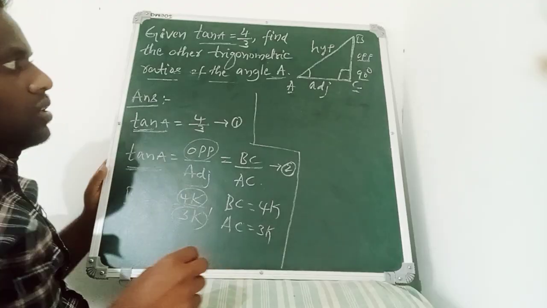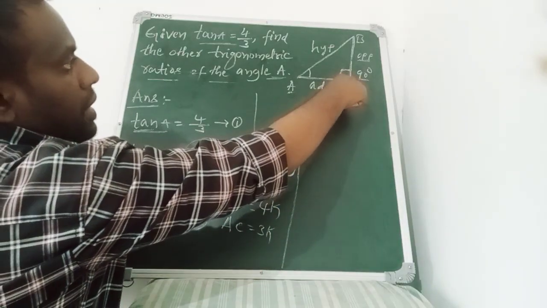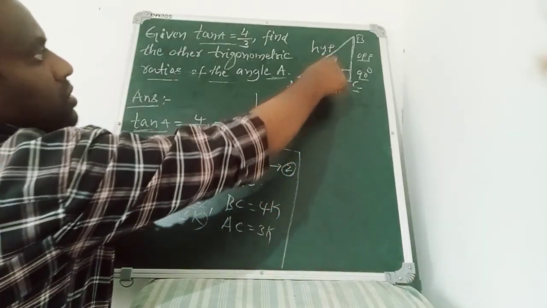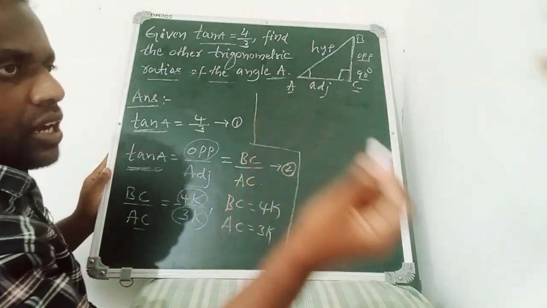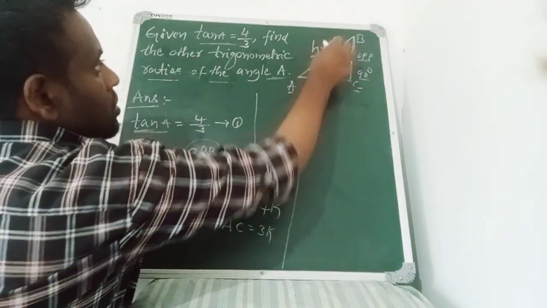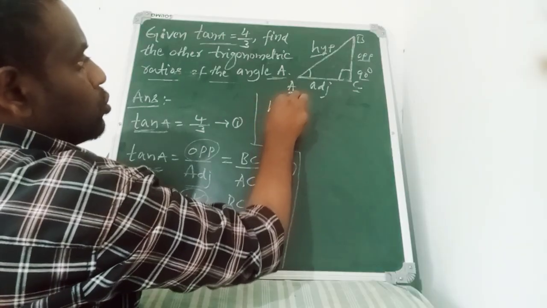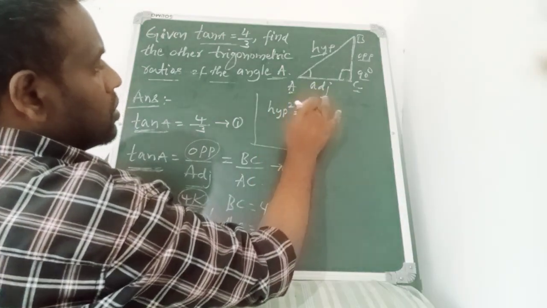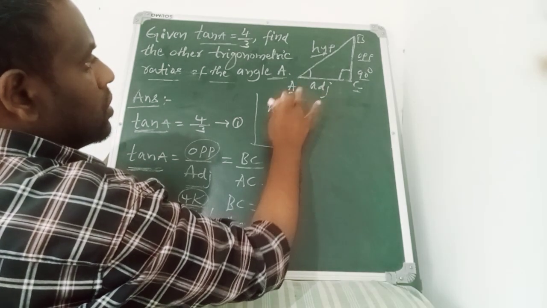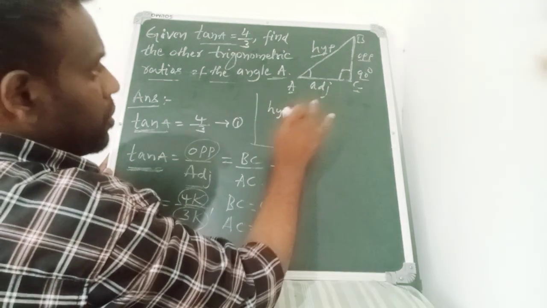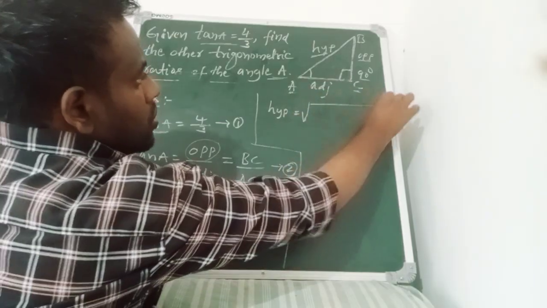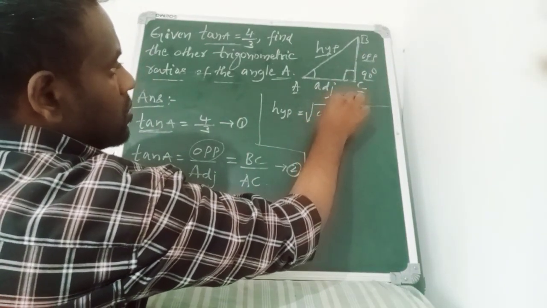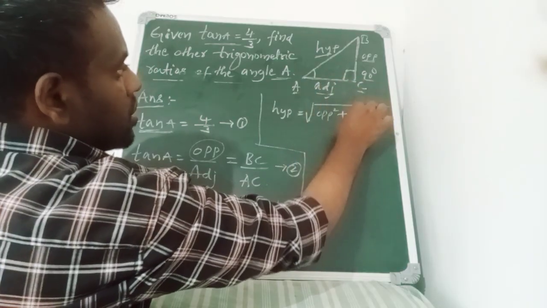Now this is the right triangle. We have the Pythagoras theorem for this. What does it mean? Pythagoras says hypotenuse square is equal to opposite side square plus adjacent side square.